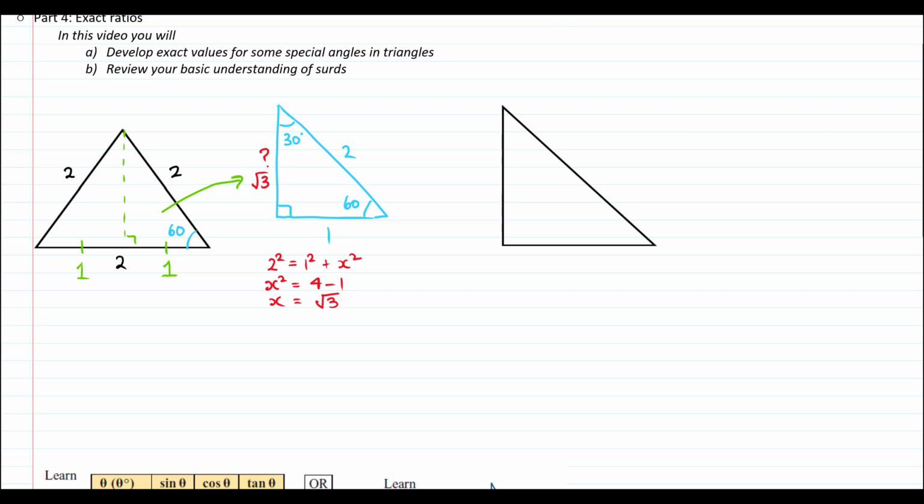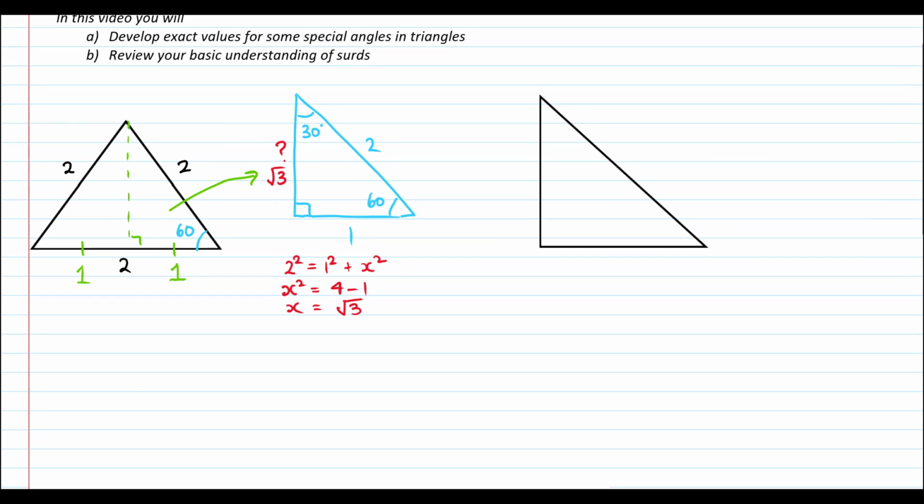So let me show you what comes out of that exact triangle and formalize a little bit for you. So my exact triangle looks like this. I know the side lengths and I know the angles: 60, 30, root 3, 2 and 1, and it leads to these common ratios. So let's start with the 30 first of all.